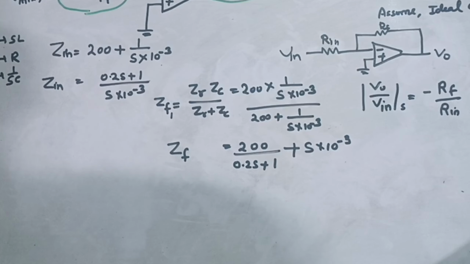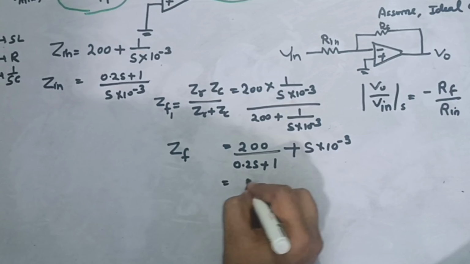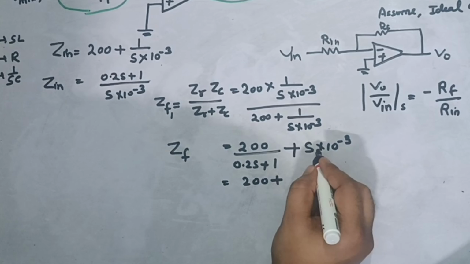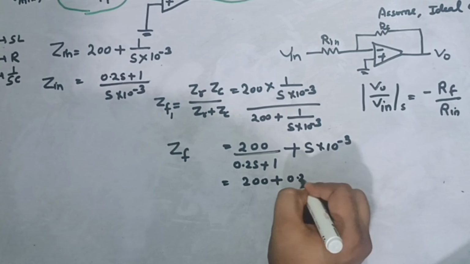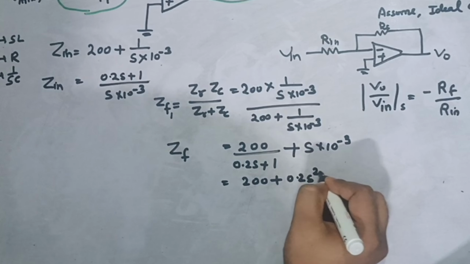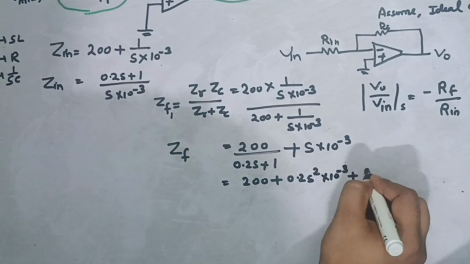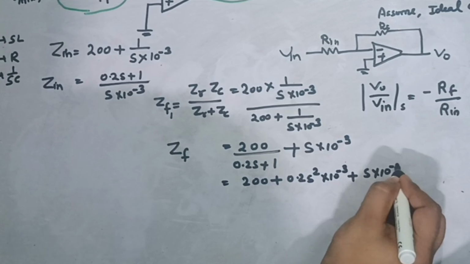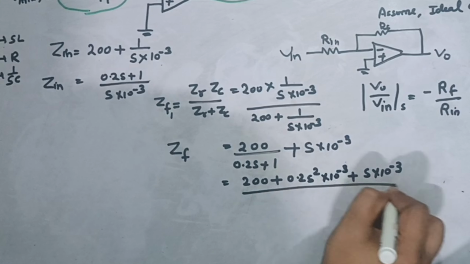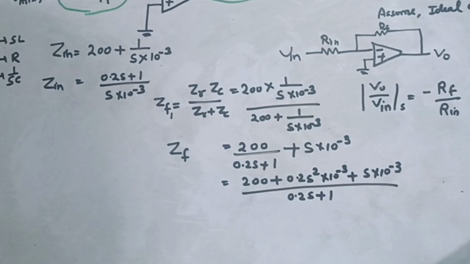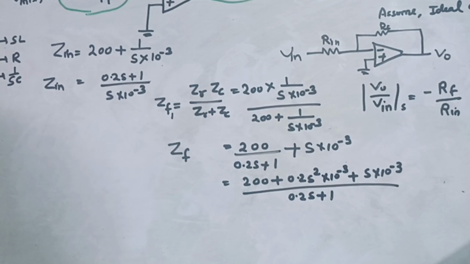I can solve this further and I will get 200 plus, this will get multiplied here, so I will get 0.2 S square into 10 to the power minus 3 plus S into 10 to the power minus 3 divided by 0.2 S plus 1. So this is what I will get here.